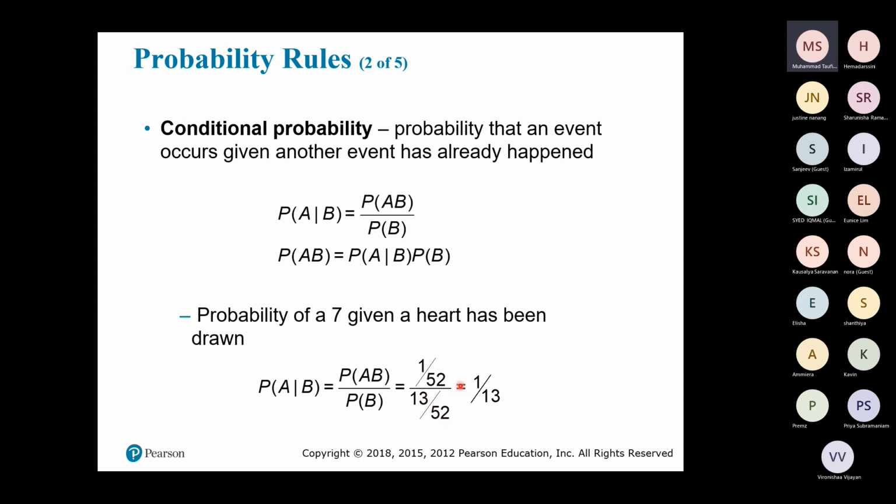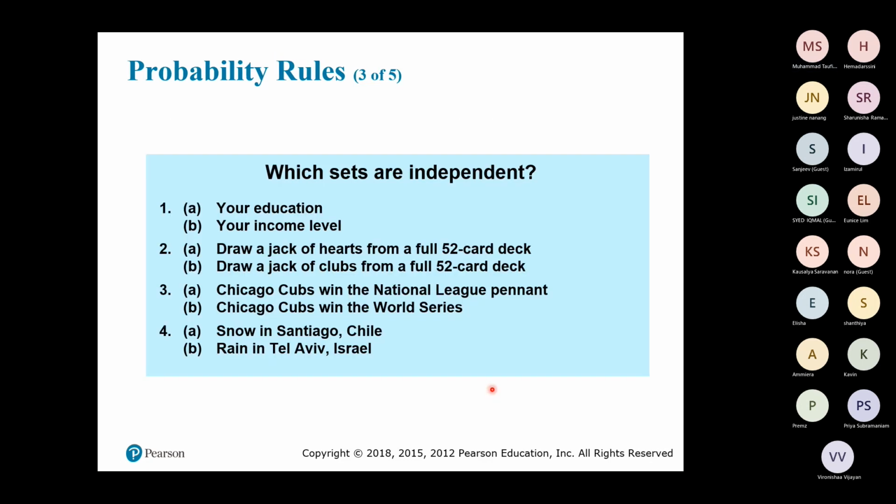So the probability of pulling a 7 after a heart has been drawn is 1 over 13. Right. So these sets are dependent.